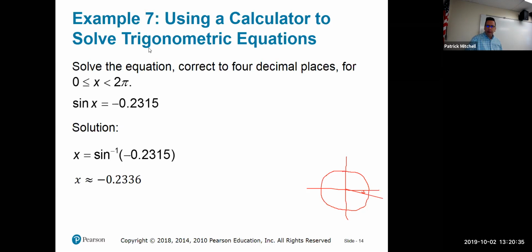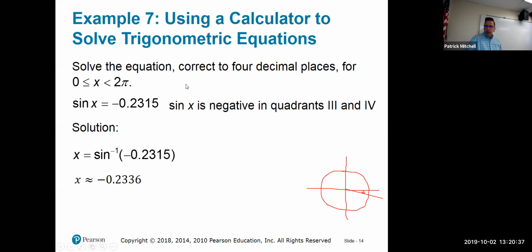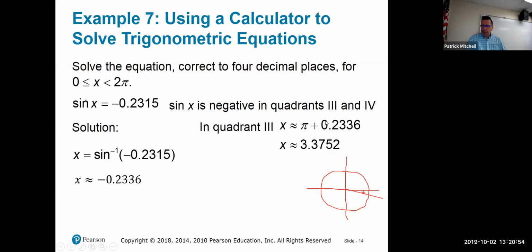So the way I'm going to get my solutions is, first of all, my solutions will be in quadrants 3 and 4. In quadrant 3, what I want to do is start with positive 0.2336. Let me draw a picture of that. I'll pick a different color.